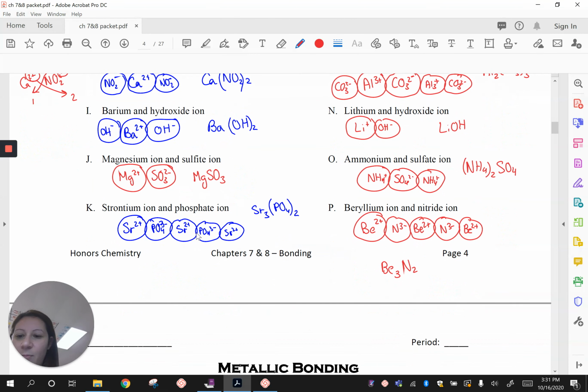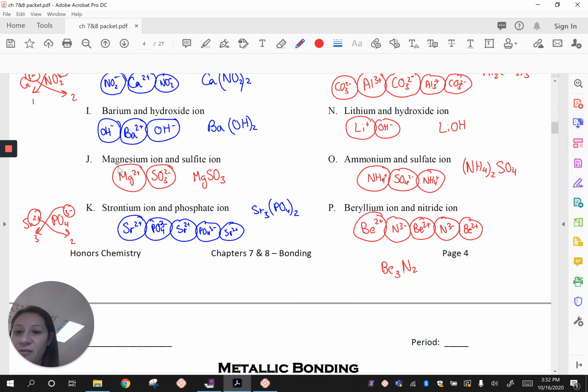How about this one, strontium and phosphate? So strontium is Sr2 plus, phosphate is PO4 3 minus, so switch them. So this becomes a 3 and this becomes a 2. So Sr3 PO4 2. You have to be careful though, when you do this method, that you have to reduce.